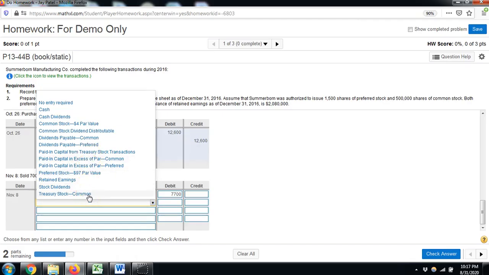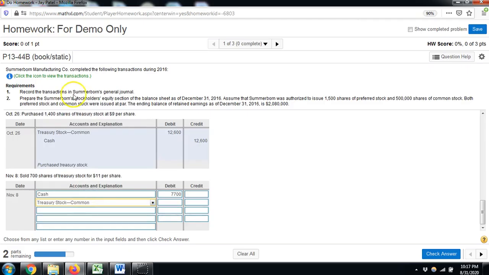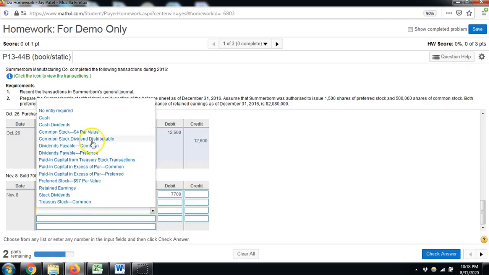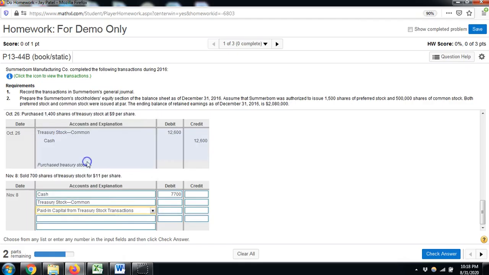So we're going to have treasury stock. But remember, we paid $9 a share, so we can't just forget that the cost basis was $9. So we're also going to have this paid in capital from treasury stock transactions. So this is when we have an excess over our cost basis on these treasury stock transactions.